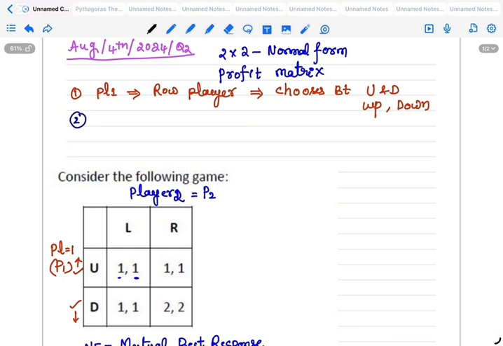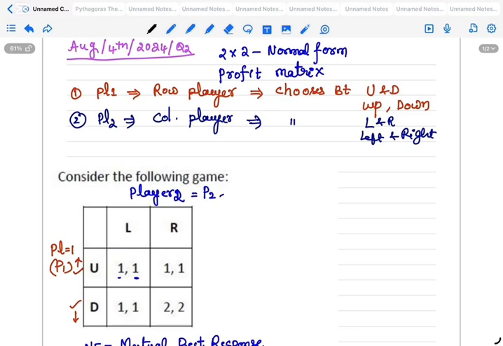Okay. Coming to player 2, this one in blue color. Player 2 represents the column player, who chooses between left and right, L and R. So the first letter is U, right?